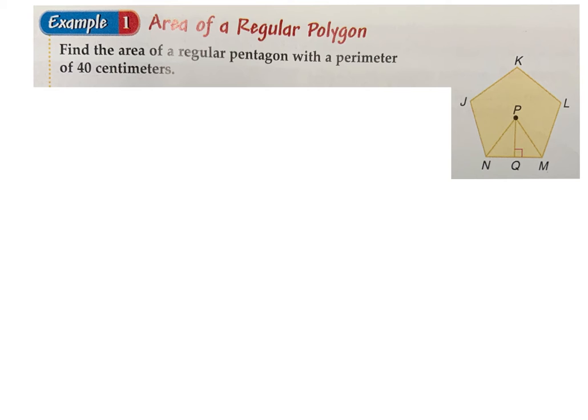Find the area of the regular pentagon with a perimeter of 40 centimeters. All right. Perimeter of 40 centimeters. So they have told us the perimeter. We know that in order to solve for this, we have to have not only the perimeter, but also the apothem. All right.